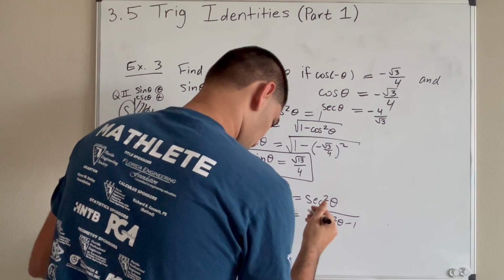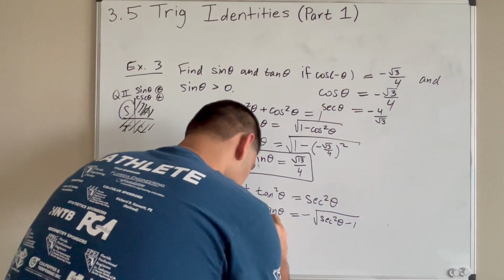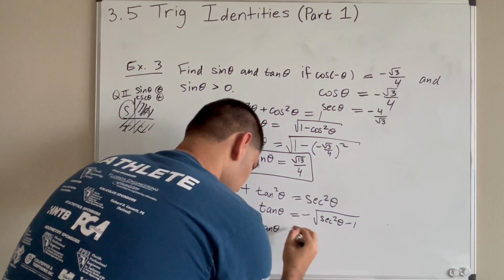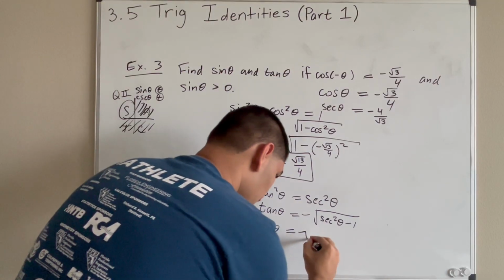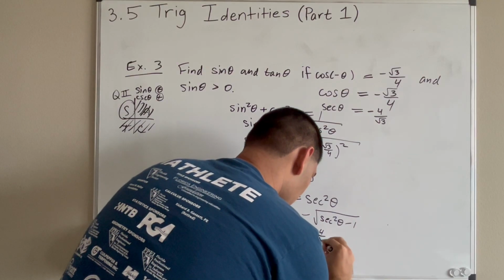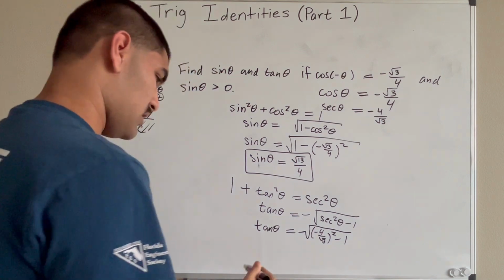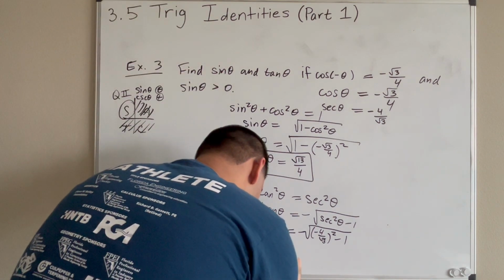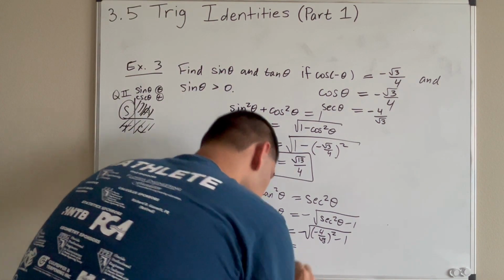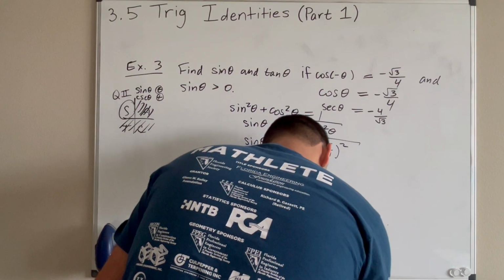So this is negative. Then we can substitute in. We will get negative square root of (negative 4 over root 3) squared minus 1, and you will get negative square root of 39 over 3.